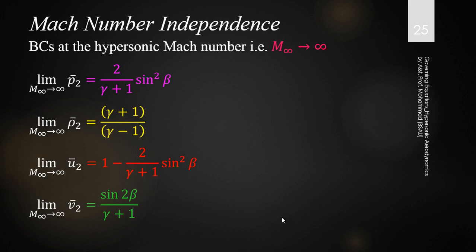You can see that these are the boundary conditions at the high Mach number. The non-dimensional pressure ratio is free from the Mach number, and so is the density ratio.